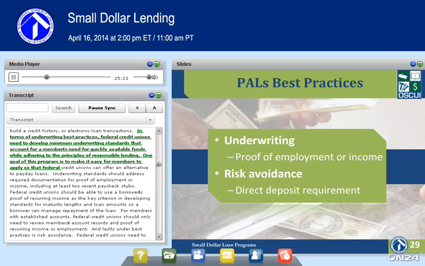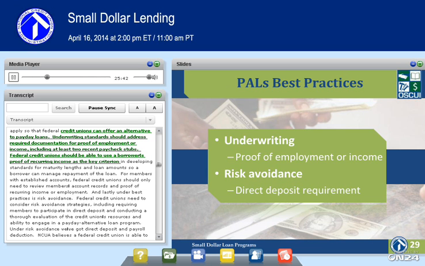In terms of underwriting best practices, federal credit unions need to develop minimum underwriting standards that account for a member's need for quickly available funds while adhering to the principles of responsible lending. One goal of this program is to make it easy for members to apply so that federal credit unions can offer an alternative to payday loans.